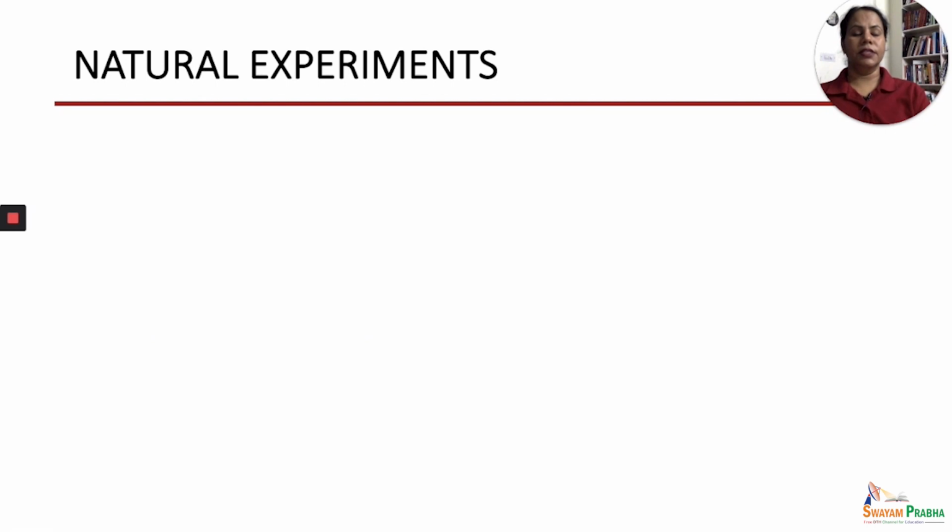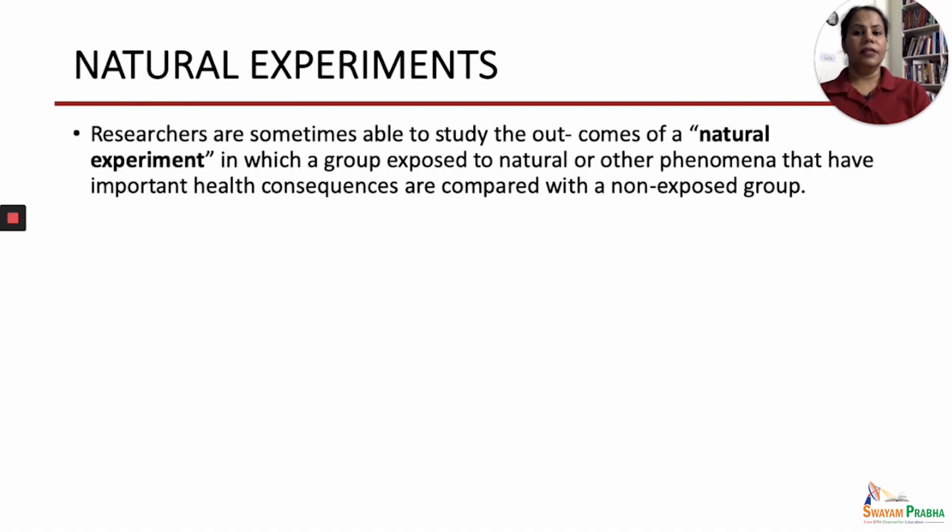Another important type of correlational design is natural experiments. Here the researchers are sometimes able to study the outcomes of a natural experiment.